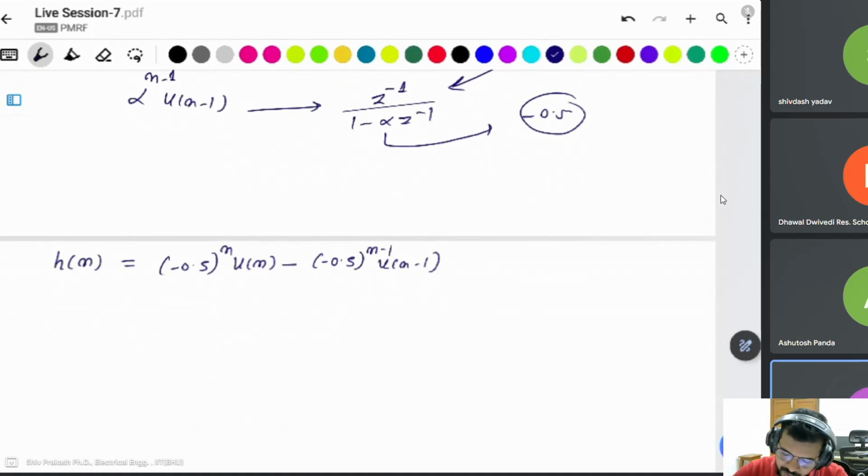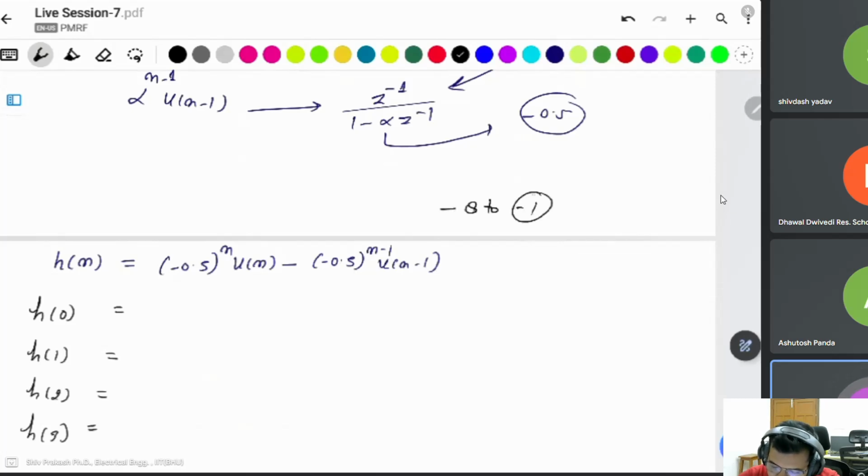And we have to find four values, h0, h1, h2 and h3. For the value 0, this will be 0. Here you see this system started from minus infinity to minus 1, but the system is asking for 0, that's why this will be 0.